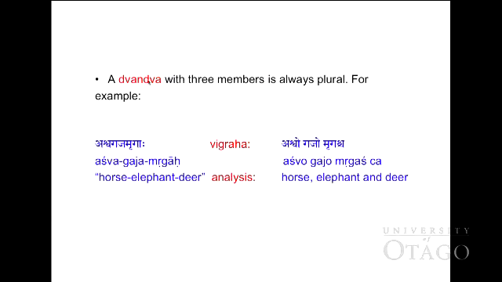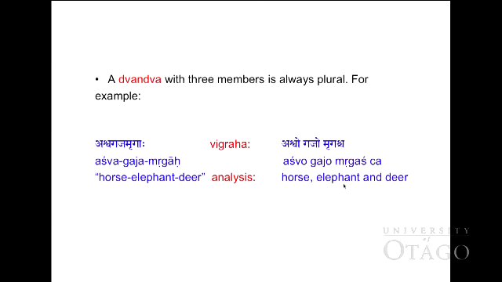Another example: a Dvandva with three members is always plural. Example, Ashva-Gaja-Mrigah. So Ashva, horse, Gaja, elephant, Mriga, deer. We decline here Mrigah, nominative, plural, masculine. And if we analyze this, it comes from Ashvah, Gajah, Mrigah cha. Sandhi to Ashvo, Gajo, Mrigascha.